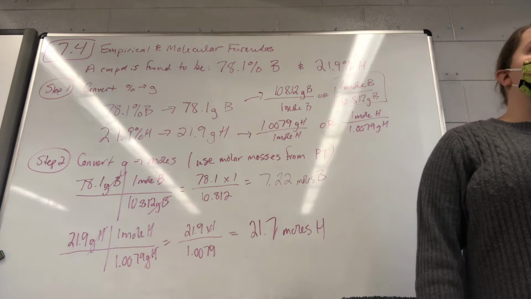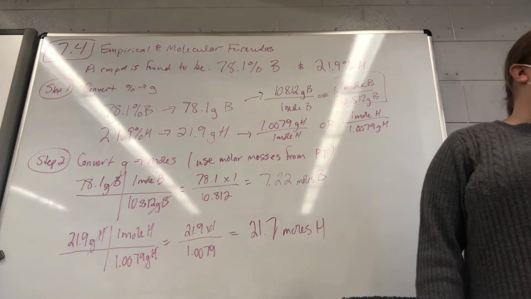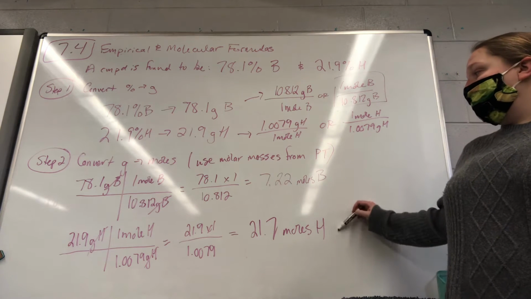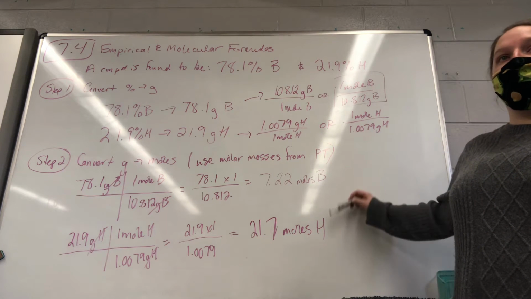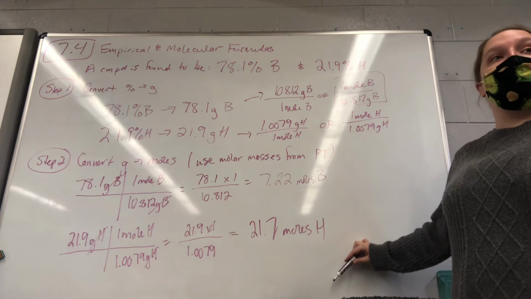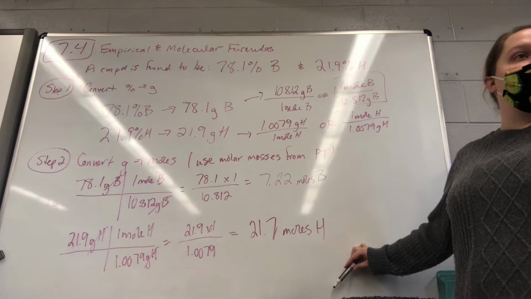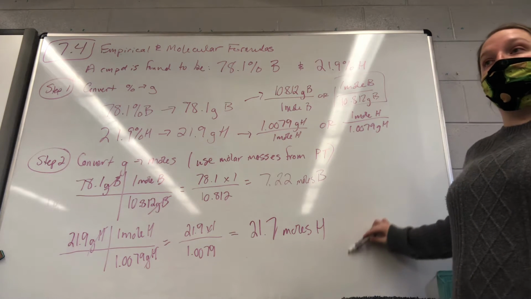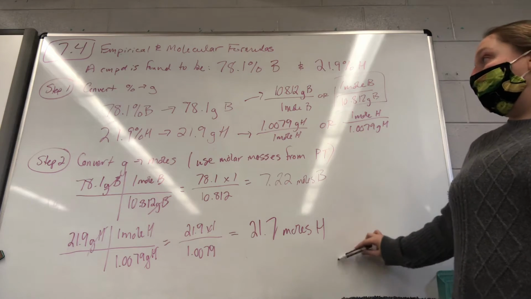Okay. Next step is going to be to divide both of these numbers of moles by the smaller of the numbers. So you could have up to 3 or 4 different molecules or atoms that you're working with, right? Whatever the smallest of these molar amounts is the one that everything gets divided by.